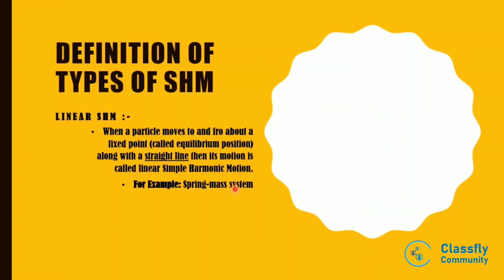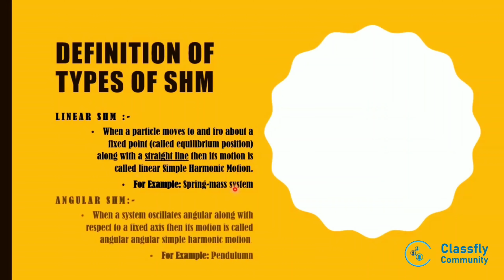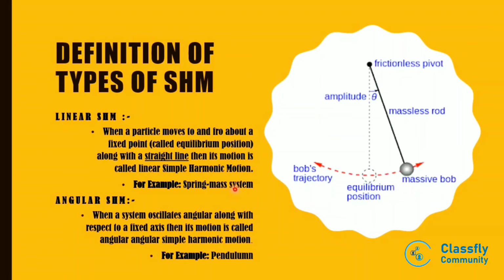Okay, the next is angular SHM. For this we require this picture. See what happens here. This is the change that occurs, that means this theta. The basic difference between linear SHM and angular SHM is that in angular SHM the theta changes.